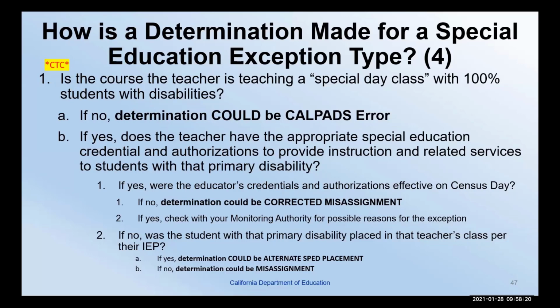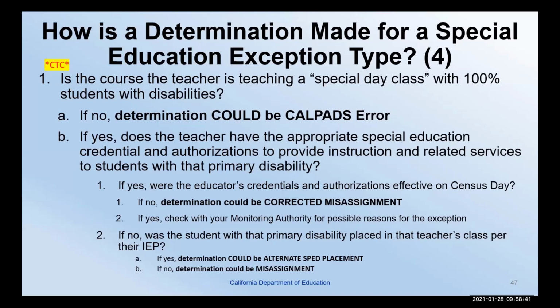Is the educator assigned to the course teaching a special education class, which consists of only students with disabilities? If not, and the educator is instead teaching a general education class, then it's possible that this is a CalPADS error. You'd need to look into that.